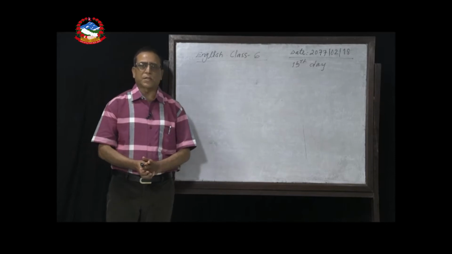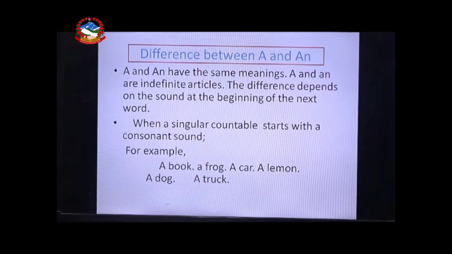Next example, a frog. Frog has a consonant sound, and the word starts with a consonant letter. So we use a before frog.